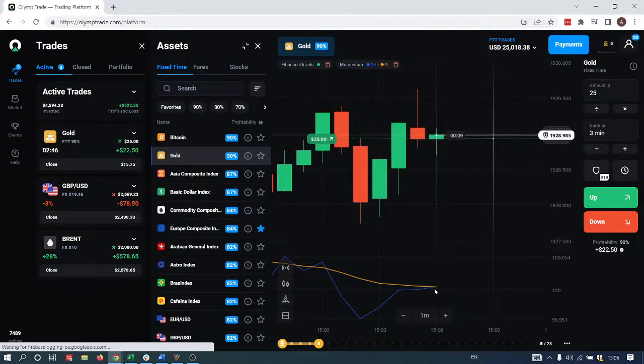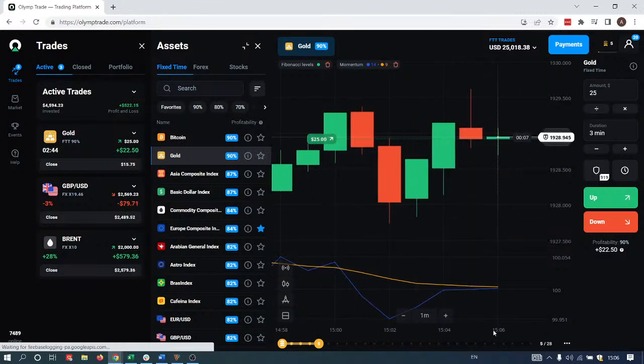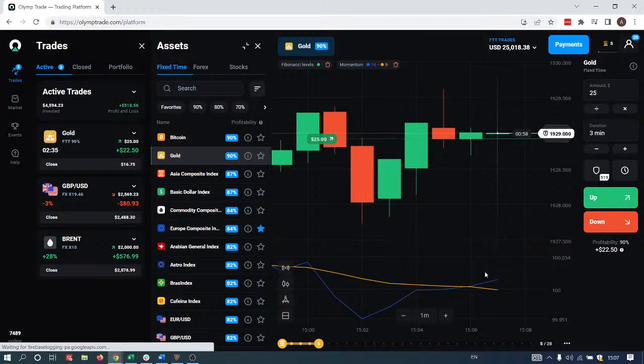You can see the very tip of it, the very exact moment here. But once they cross, that is already a signal to open an uptrend. They crossed in the upwards direction, and that is already enough to open an up trade.